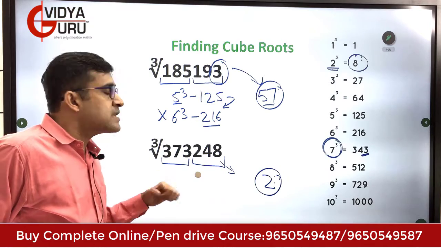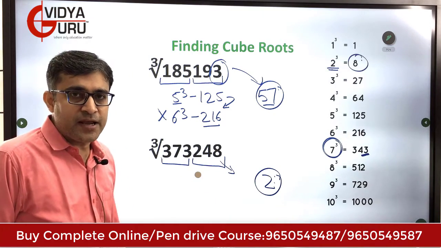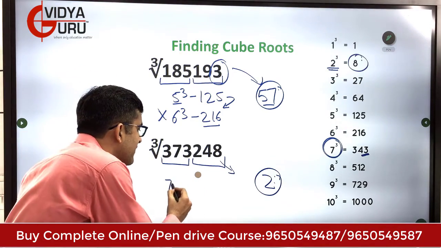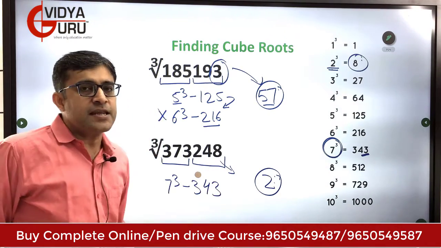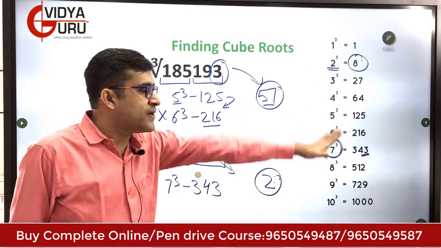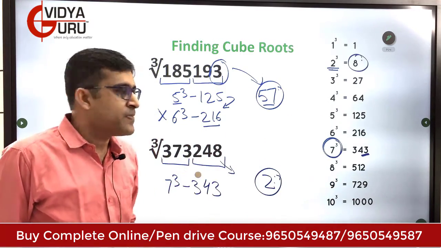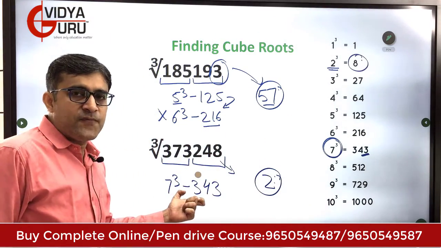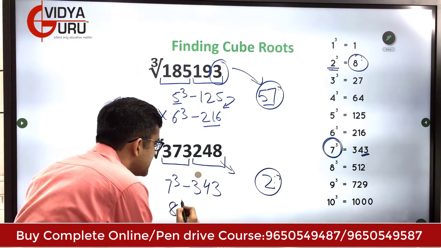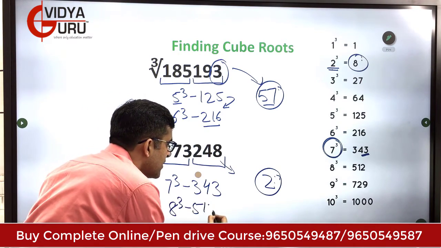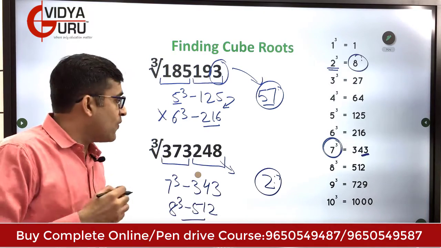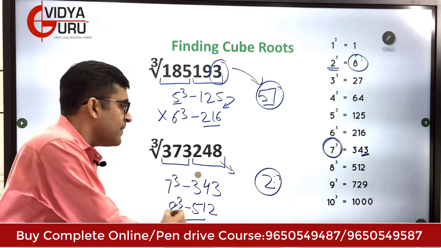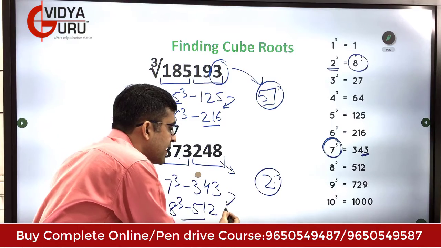Now let's look at the remaining numbers. The remaining number is 373. So students, I know 7 cube is 343. You have to memorize the first 10 cubes. That's mandatory. 8 cube is 512. So it has not reached the value 8 as yet, because 373 is less than 512.